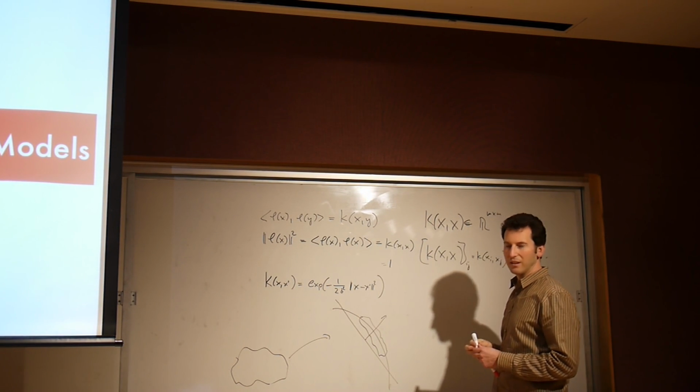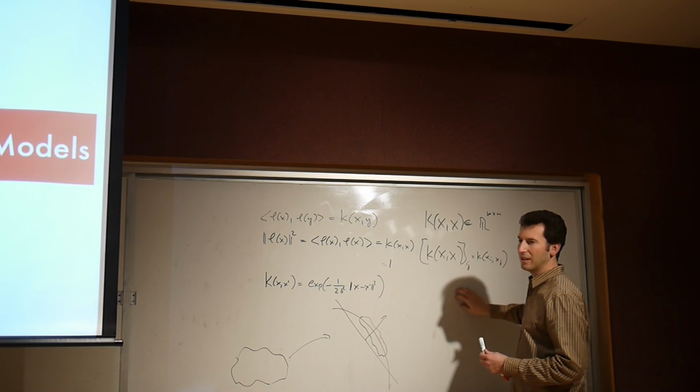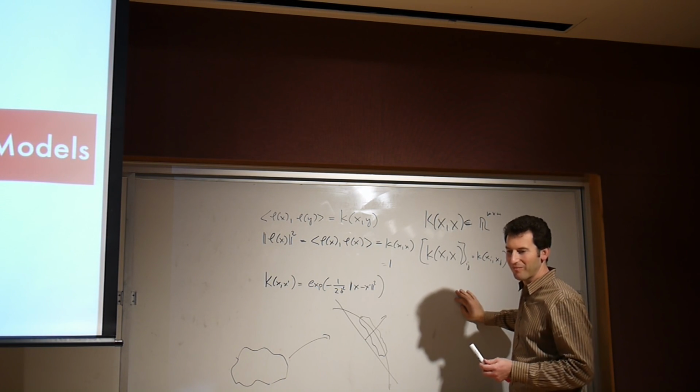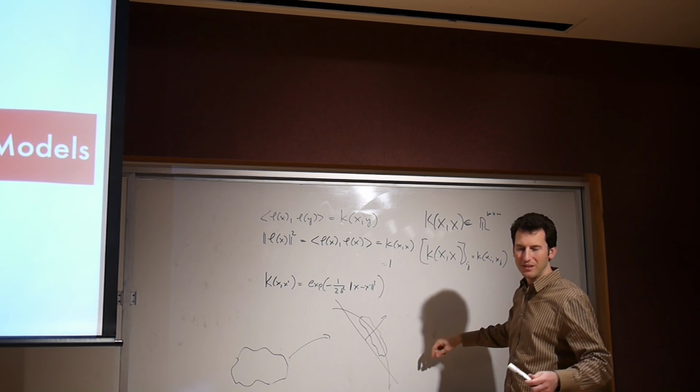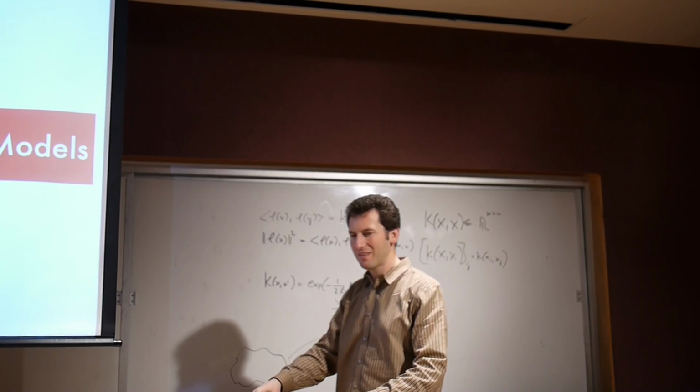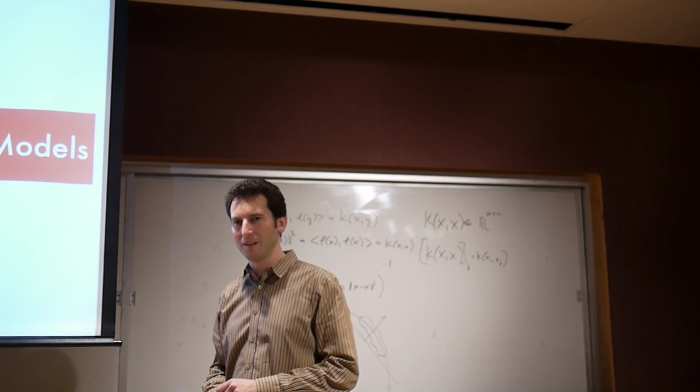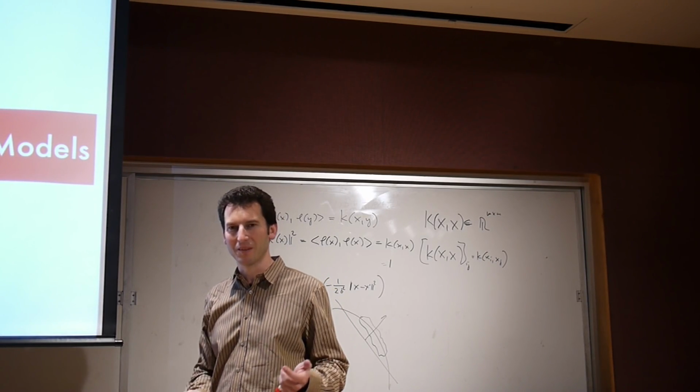And then K of capital X and little x simply is a vector. So if I feed in single instances on both ends, I get a scalar out. If I feed in sets on both ends, I get an entire matrix out of it.